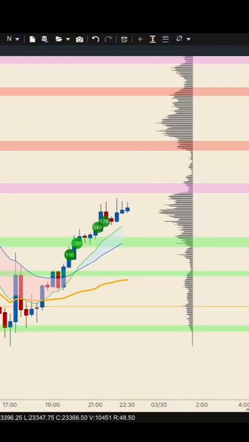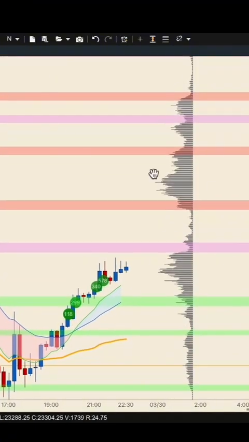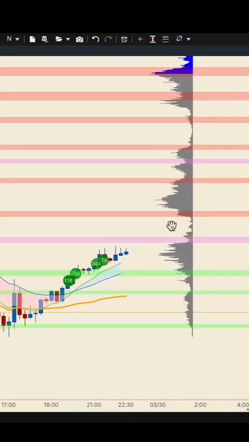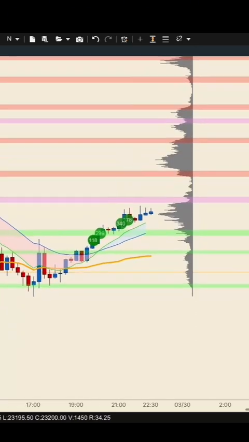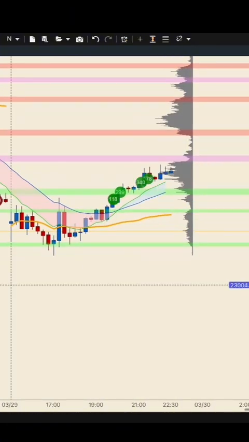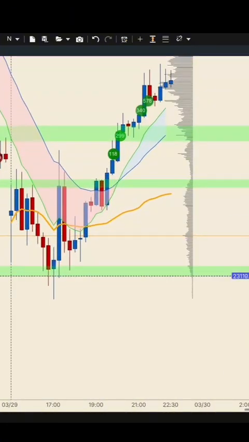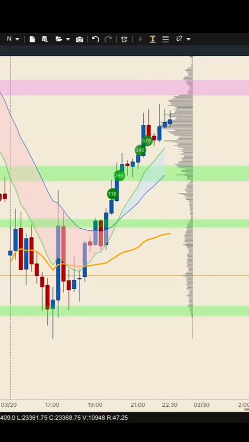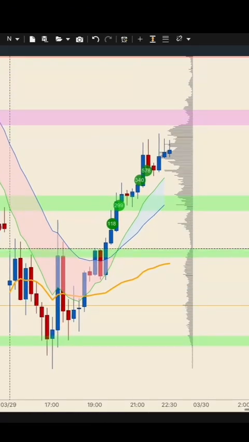So we're on the 15-minute time frame. NQ, 5-day volume profile, 30-day volume profile. This is a daily profile. So we have our support right here from the daily profile, and then we have some more support right here.